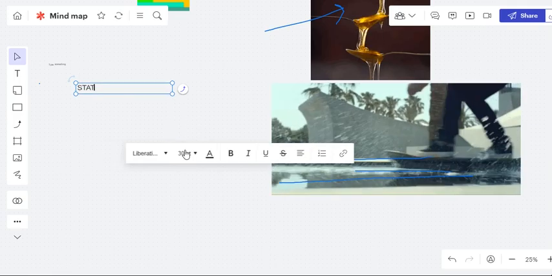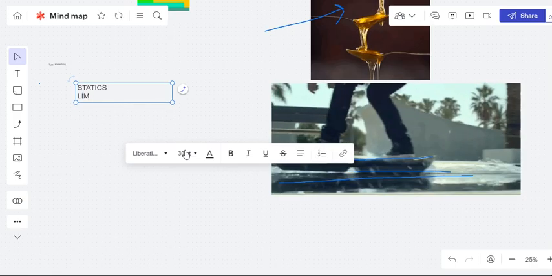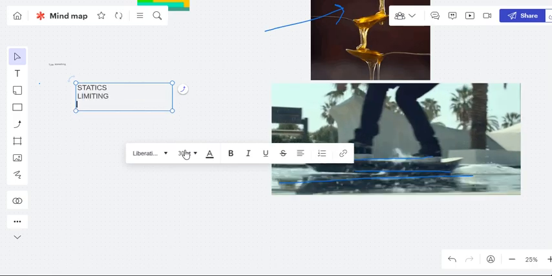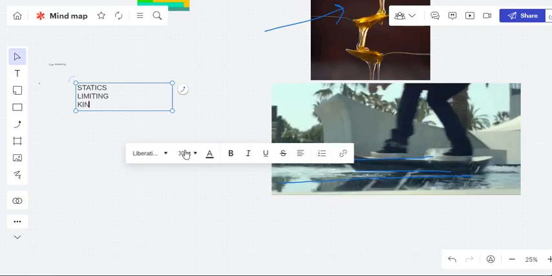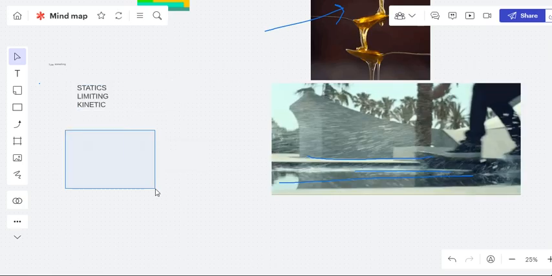First is static, the second is limiting, and the third one is kinetic. Static, limiting, and kinetic.